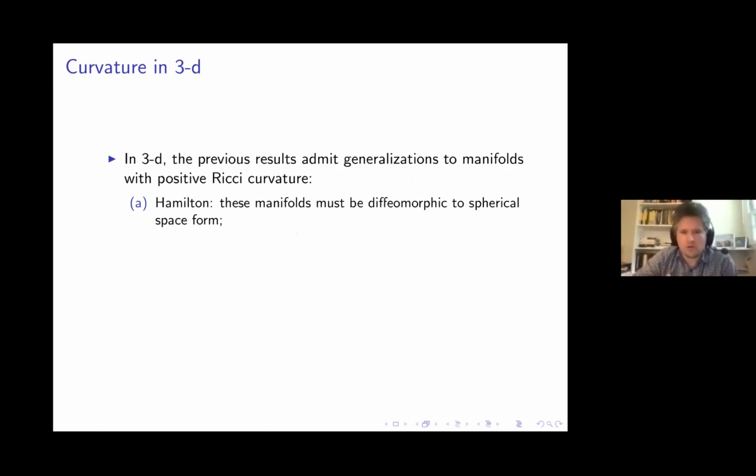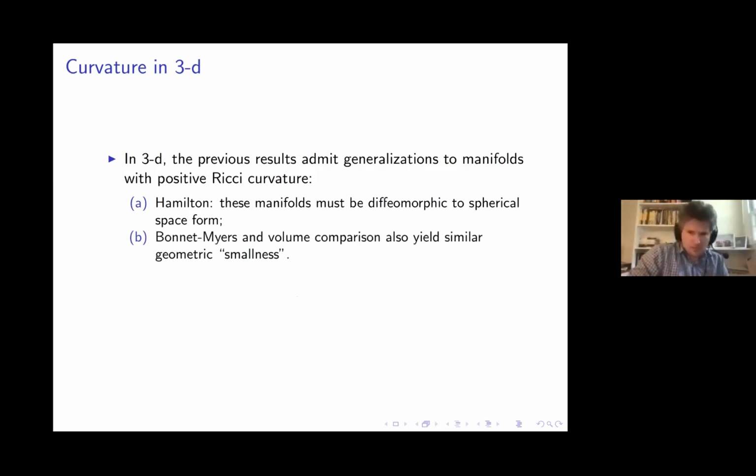By the work of Hamilton, who introduced Ricci flow in the 80s, these manifolds must be diffeomorphic to a spherical space form. And you also get, by Bonnet-Myers and volume comparison, a similar geometric smallness. So that's for the Ricci curvature in 3 dimensions.